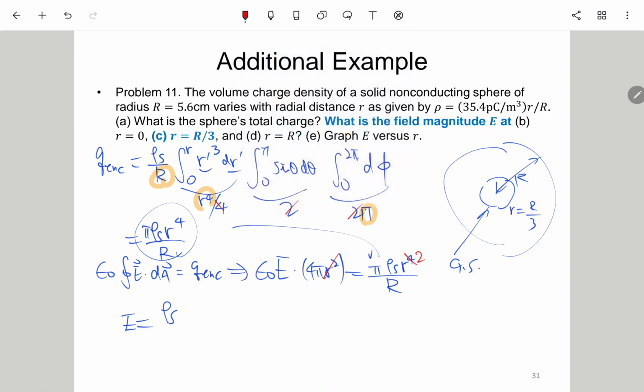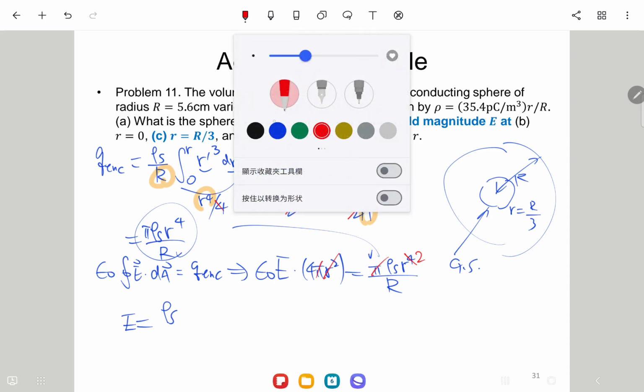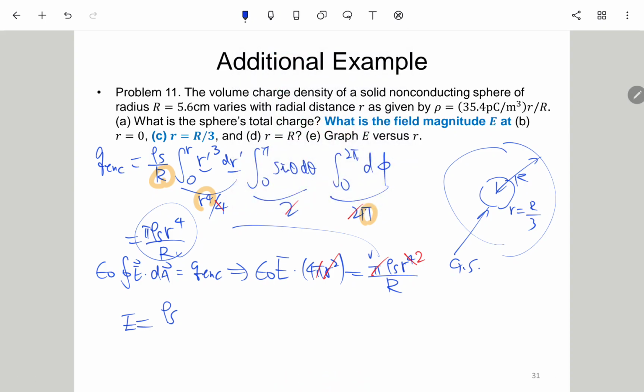We can also cancel this pi with this pi. So we have E equals rho S times r squared over 4 epsilon naught capital R. Okay, this will be correct when r is smaller than capital R.